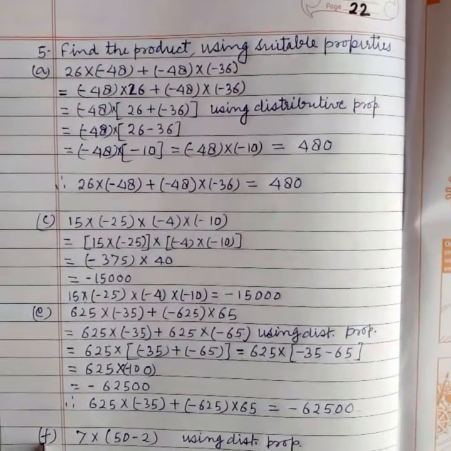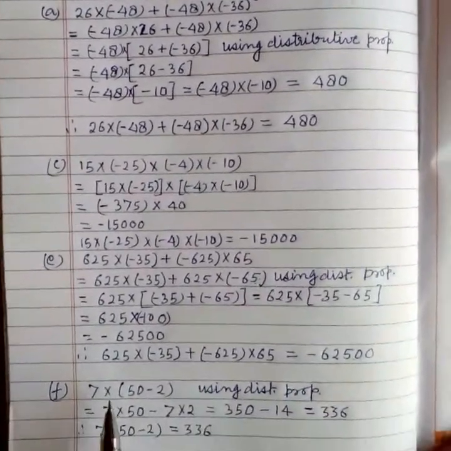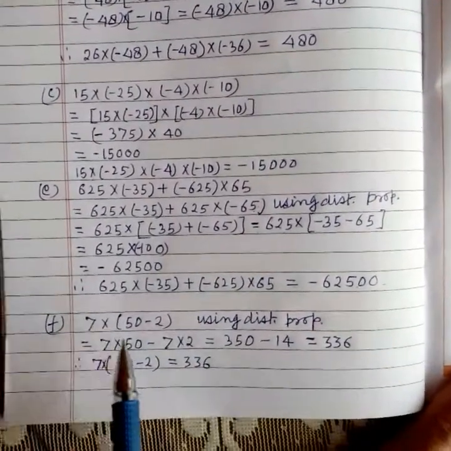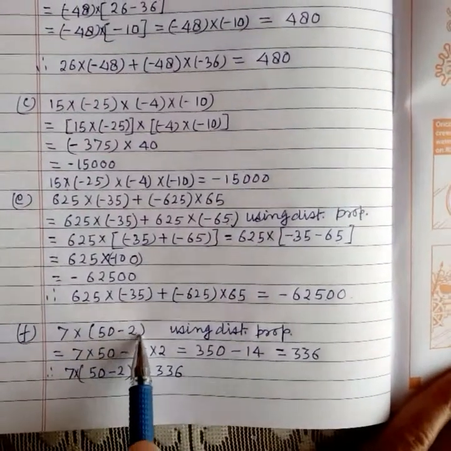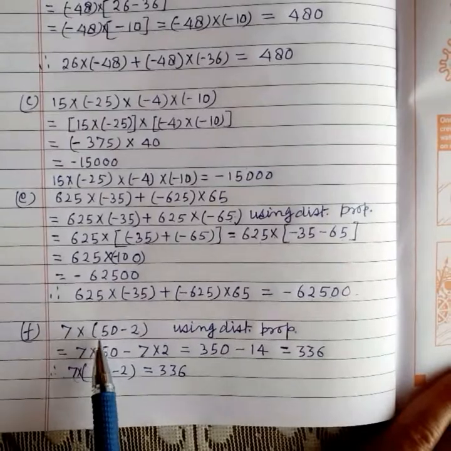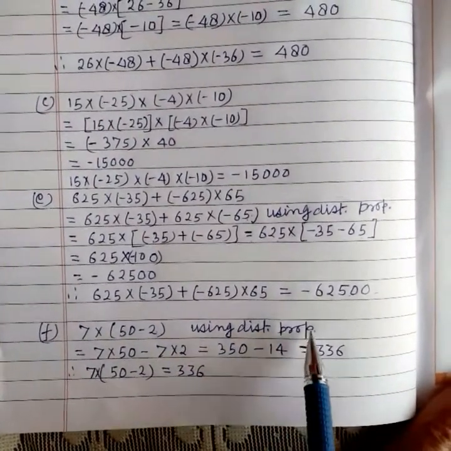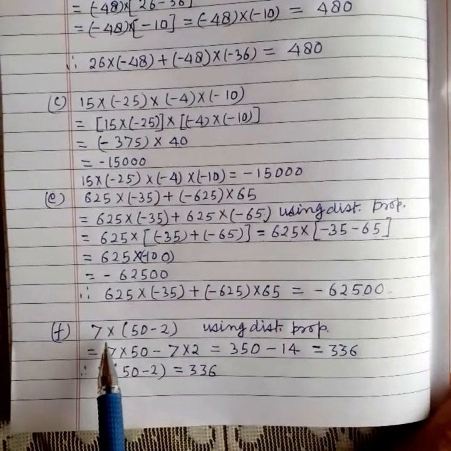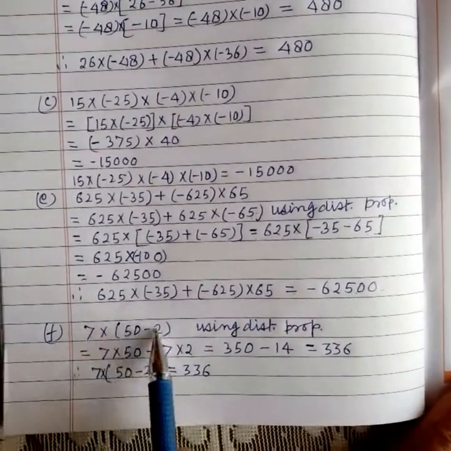Now the next part. In this part, we have to take this product, 7 into within bracket 50 minus 2. Again we know multiplication distributes over subtraction. So by using the distributive property again, we can write 7 into 50 minus 7 into 2.